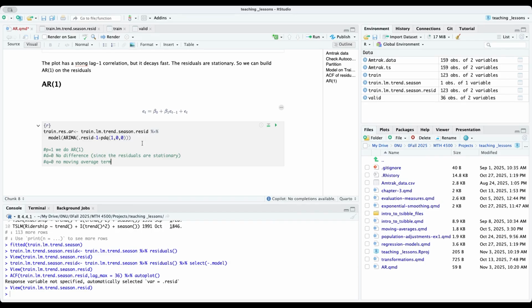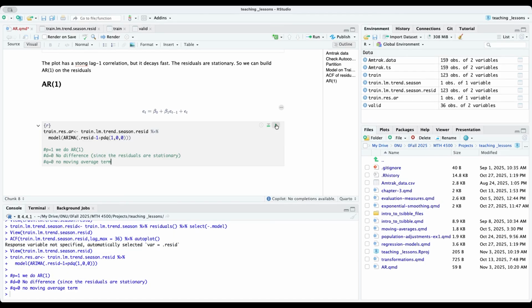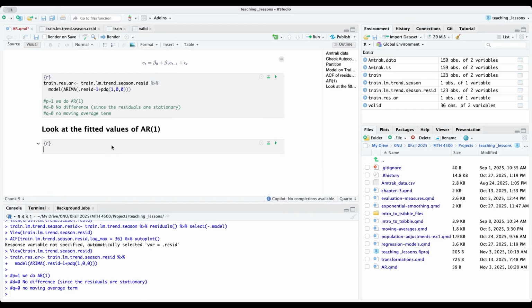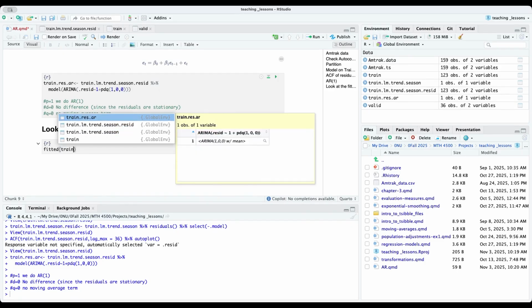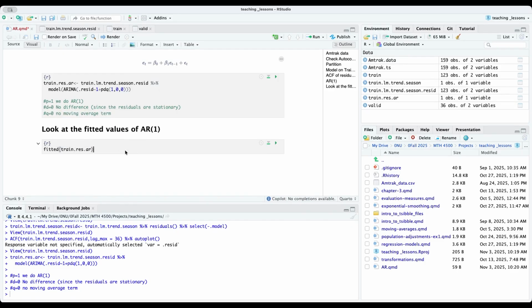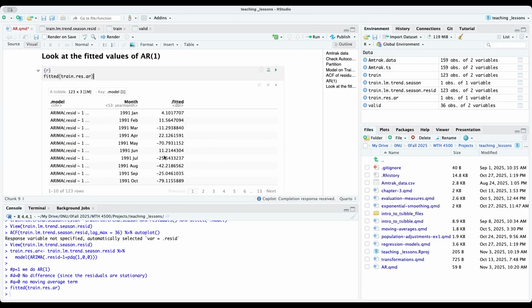So right now we are just building the ARIMA. Now, what if you look at the fitted values of AR1? Let's look at the fitted values. You can look at just fitted of the train residual ARIMA, and these are the fitted values.